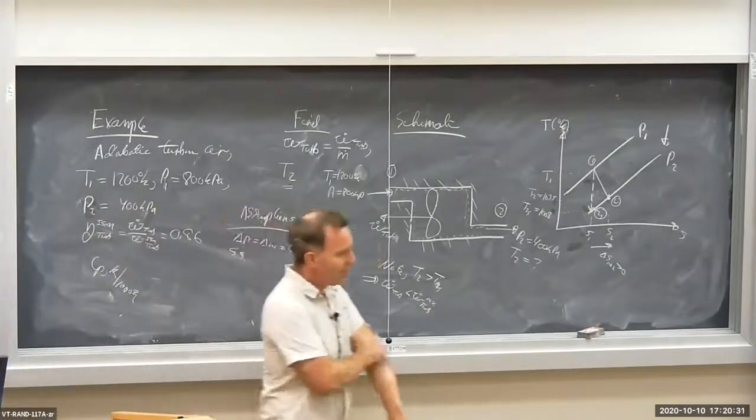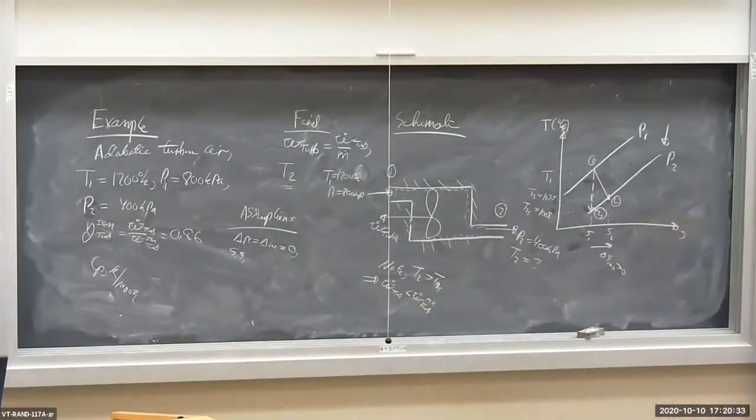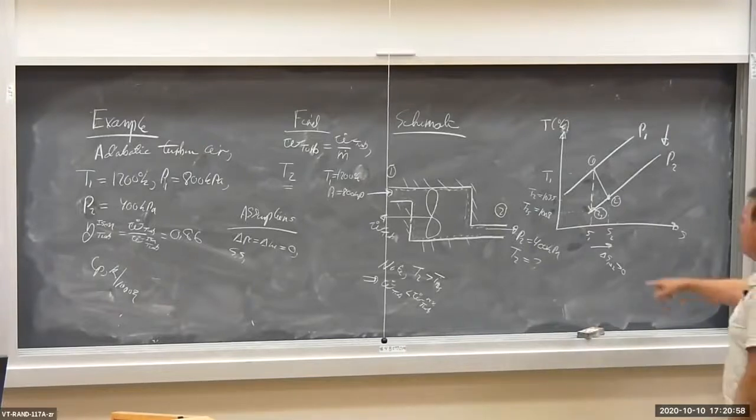Okay, you could do the same thing with a compressor for this kind of problem. You'd have a different definition of isentropic efficiency for a compressor. You would still be applying the energy balance. You would still be looking at an isentropic process, 1 to 2 sub S, to get the isentropic compressor work. So compressor problems are very similar to turbine problems, except that you're going up the TS diagram.